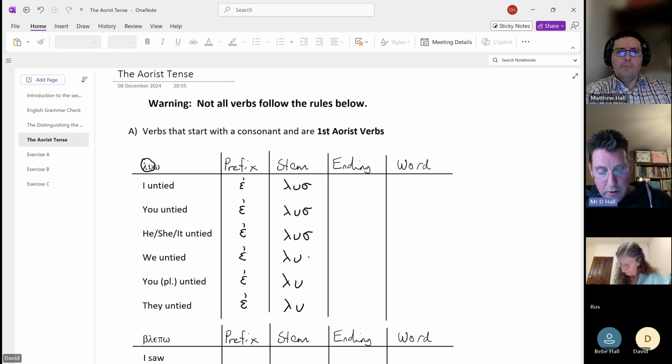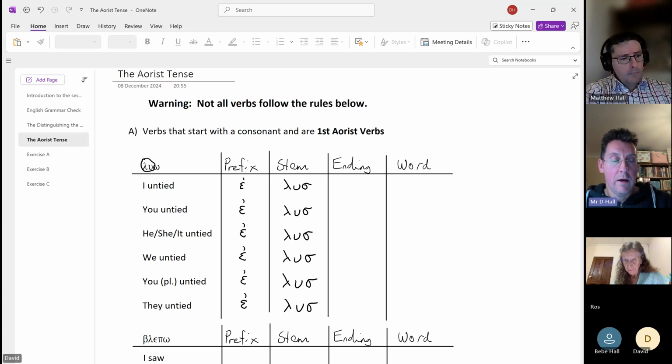So in order to put it into an aorist verb, we add a little sigma into the word, and this helps you distinguish between an aorist verb and an imperfect quite quickly, because there's this little sigma that suddenly appears towards the end in lots of cases. And then there's an ending, which is just one that we have to learn. It ends with an alpha for I untied.